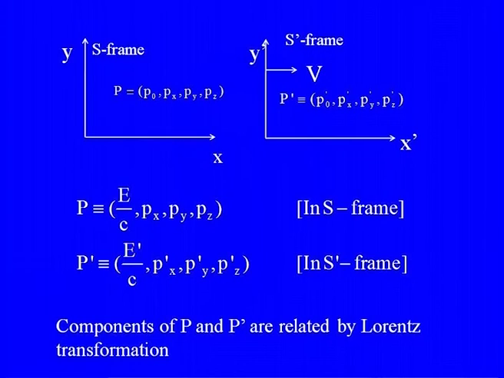So if capital P is the 4 momentum vector in S frame which has components E by C and P x, P y, P z, and then the same thing seen from the prime frame is capital P prime, and that is E prime by C, P x prime, P y prime and P z prime, the small p x prime, p y prime, p z prime being the 3 momentum vector in the prime frame. Then the components of P and P prime are related by none other than the Lorentz transformations.